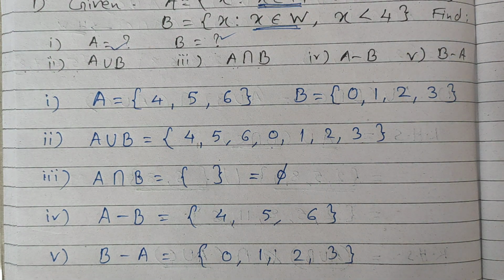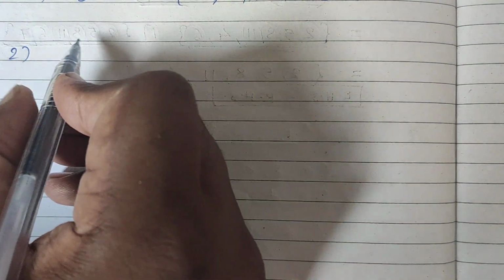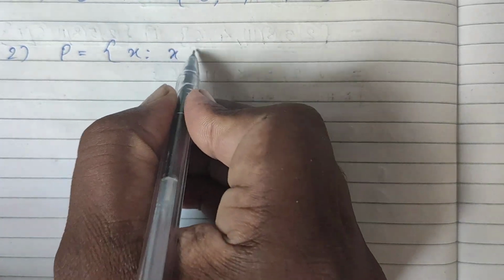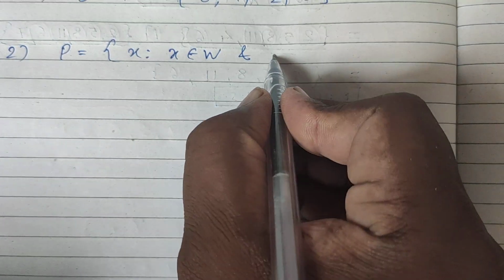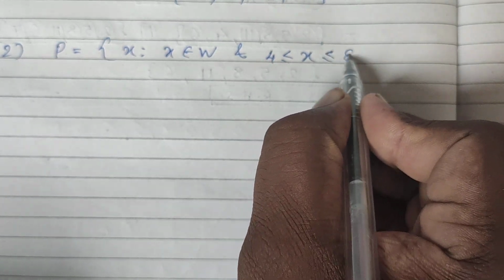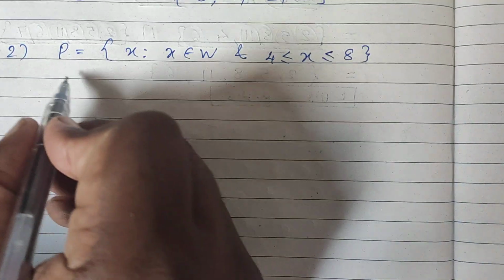Next is question number 2. We'll solve question number 2. See what is given to us. P set: x such that x belongs to the whole numbers and the value of x is greater than or equal to 4 but less than or equal to 8.